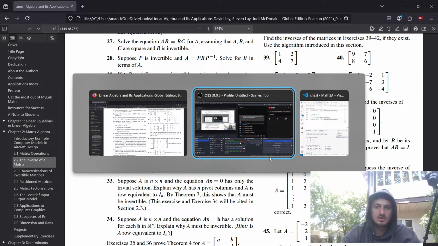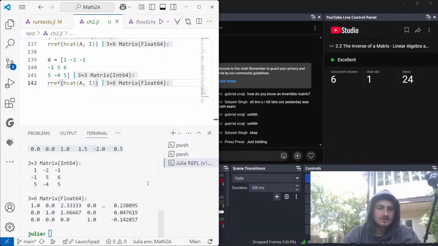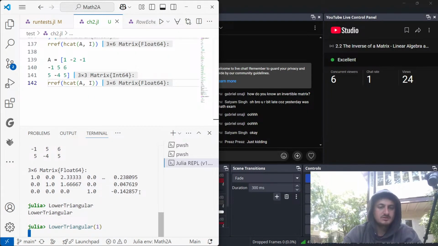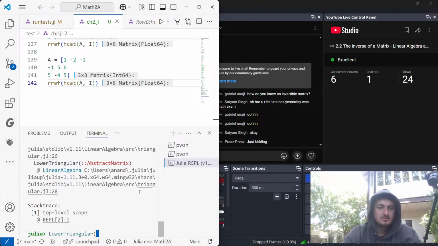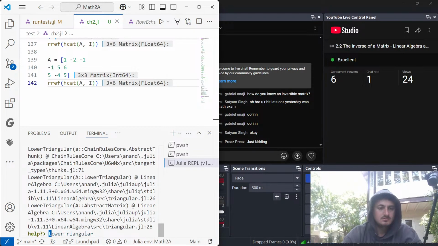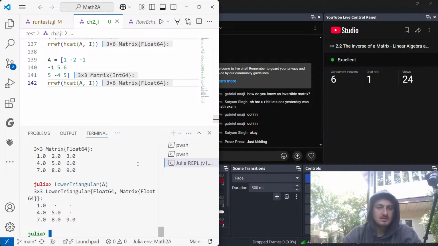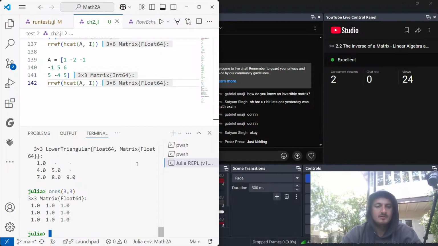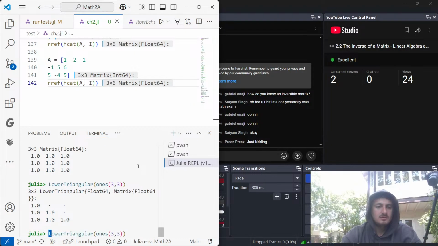Is there a lower triangular? Is there a way to get a lower of like 1? I think this is a. So wait, what about ones, 3 by 3, and then we do lower, and then we do the inverse of that.